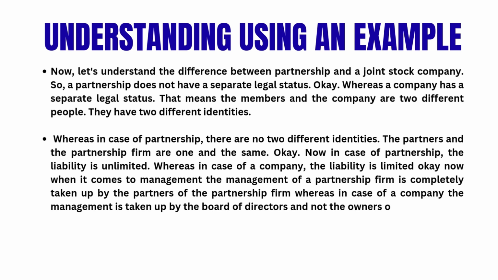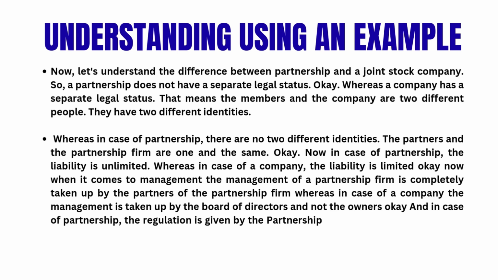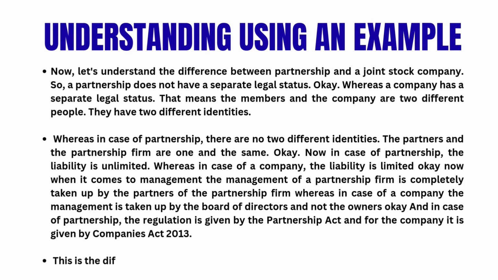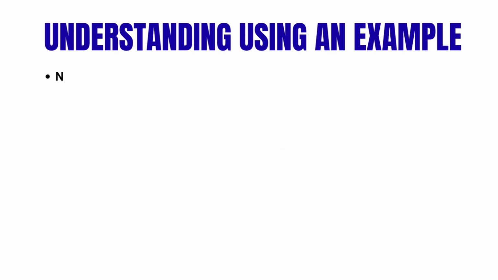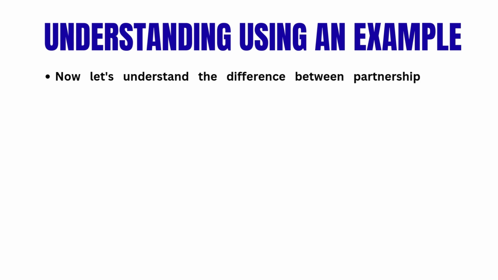In case of partnership, the regulation is given by the Partnership Act, and for the company it is given by the Companies Act 2013. This is the difference between partnership and joint stock company. Now, let's understand the difference between partnership and a cooperative society.